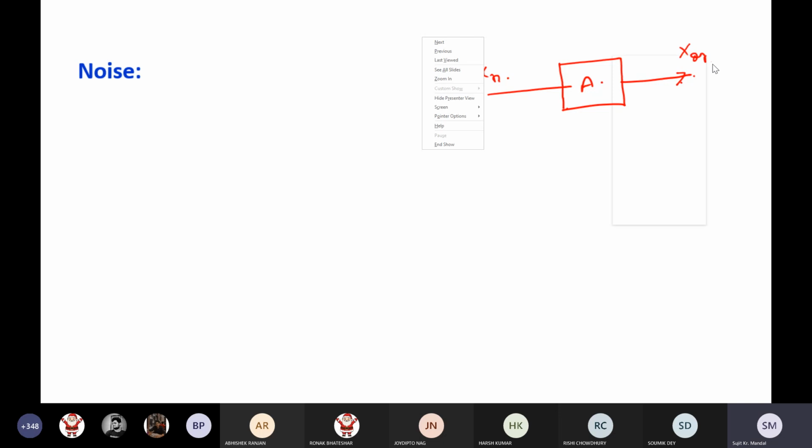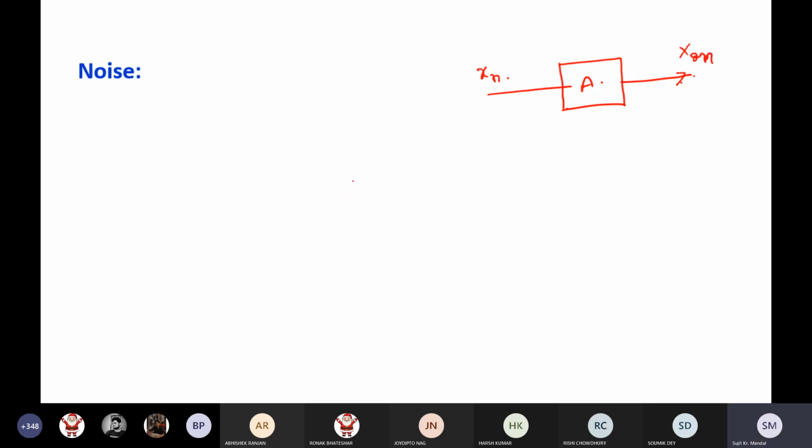Now the noise is also reduced with negative feedback. Again, consider the same basic amplifier of gain A, and suppose Xn is the input noise. The corresponding output noise without feedback would be given by X0n.